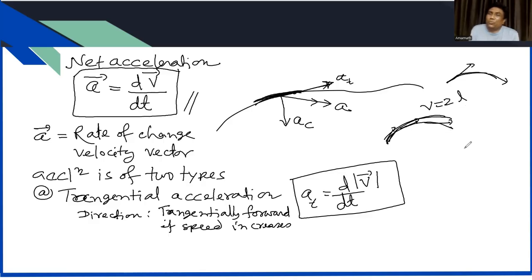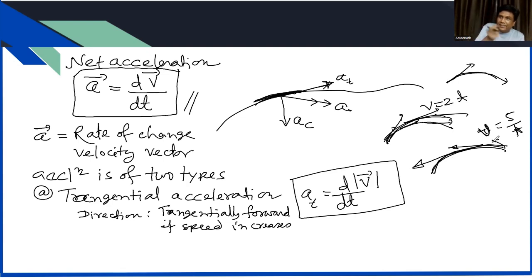So v equal to 2t means speed is increasing, so tangential acceleration will be tangentially forward. Now take speed equal to 5 upon t. It means if time increases, speed will be decreasing. So though the particle will be going along this line, the tangential acceleration will be backward only. It means someone is pulling it so that its speed decreases. So tangentially forward if speed increases, and tangentially backward if speed decreases. You understood all these things.